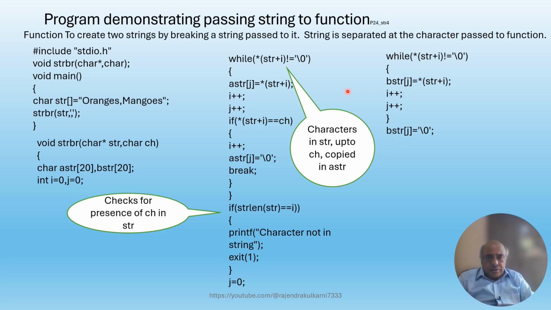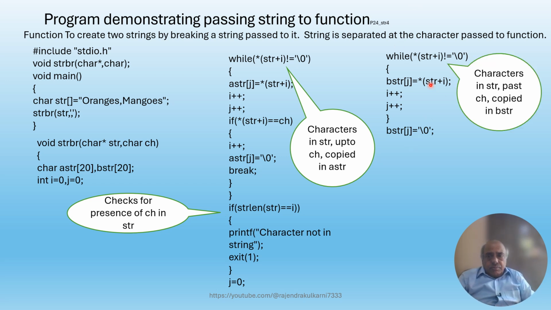When the str loop end has been reached, the while loop terminates. Then we add /0 as the terminating character in our newly formed string bstr.